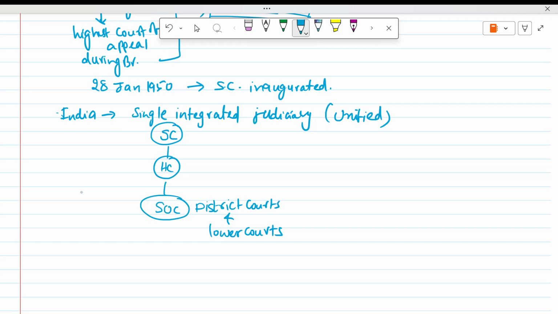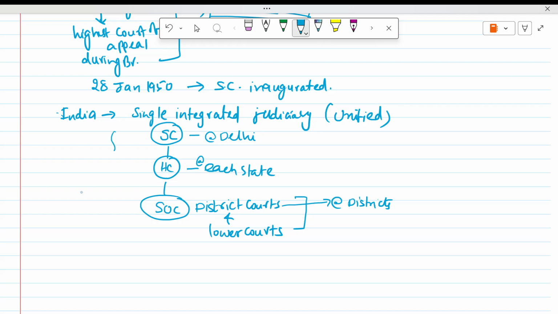Of course, the Supreme Court functions at the central level, and the High Courts are in each state. The subordinate courts, the district courts, are at the district level. The Supreme Court sits at Delhi.